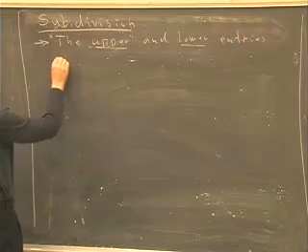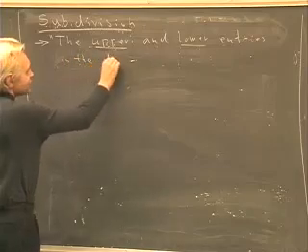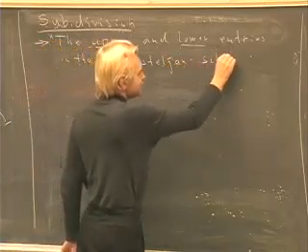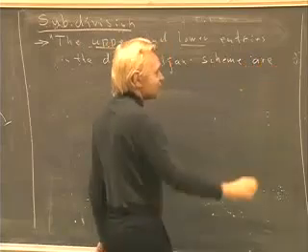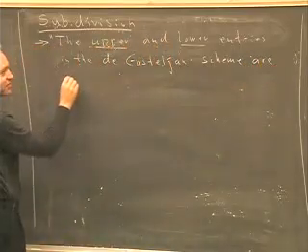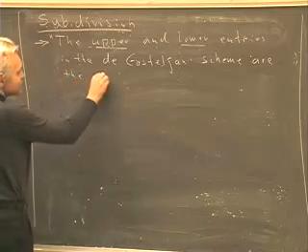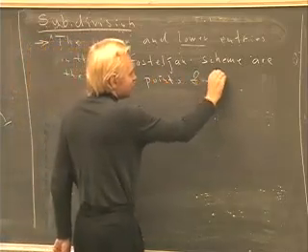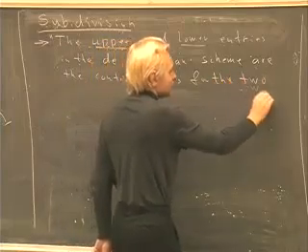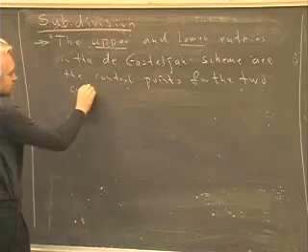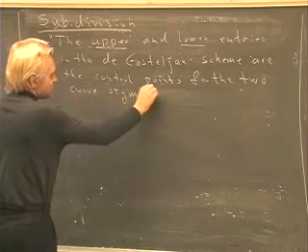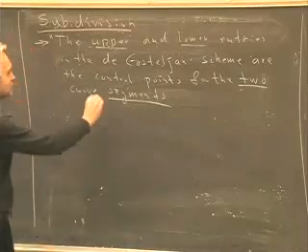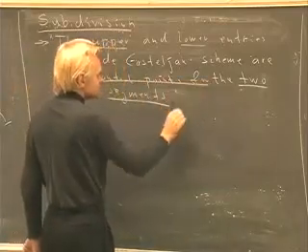The upper and lower entries in the de Casteljau triangular scheme are the control points for the two curve segments. Two segments. Meaning what?